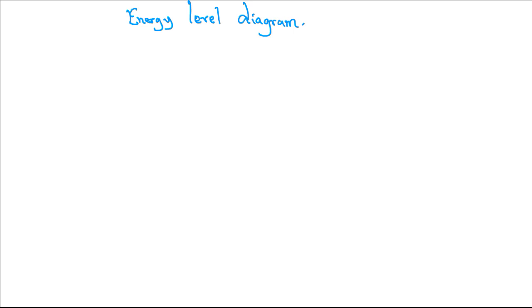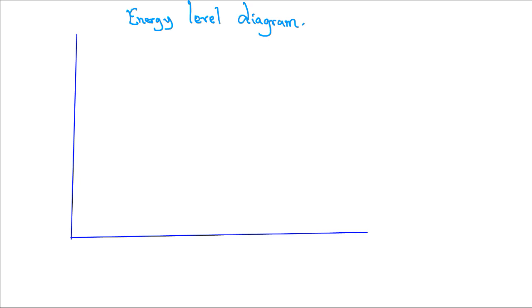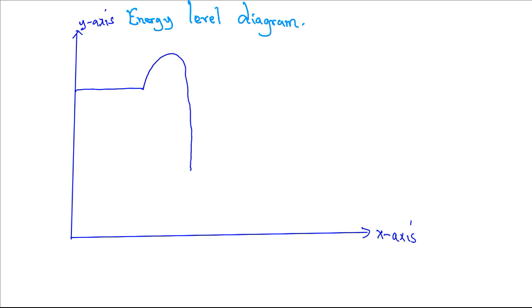So the axes, that is the x-axis and y-axis. So we have the reactants and products. Again, reactants are of higher energy compared to products because energy is released. Activation energy.